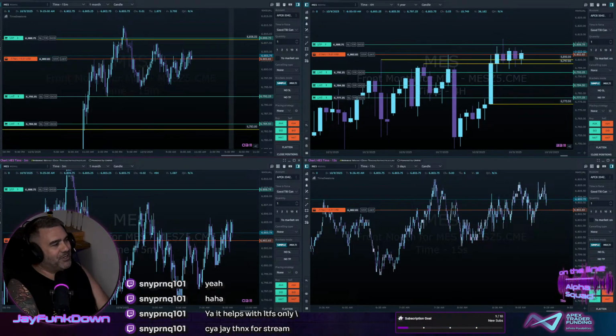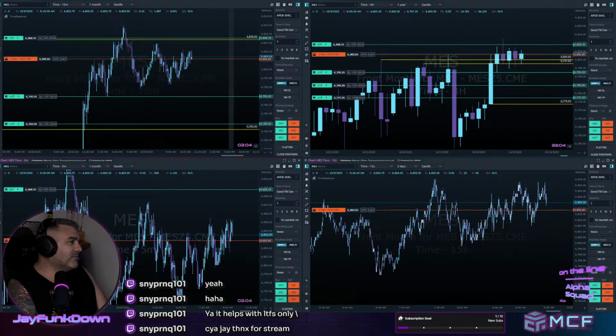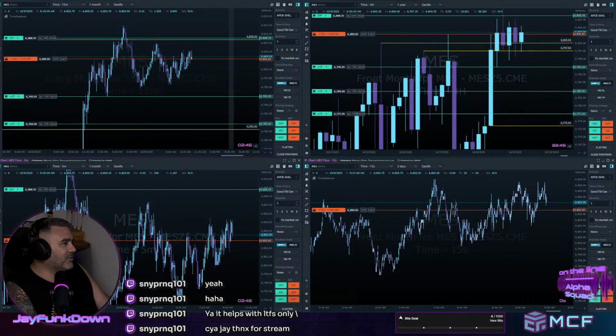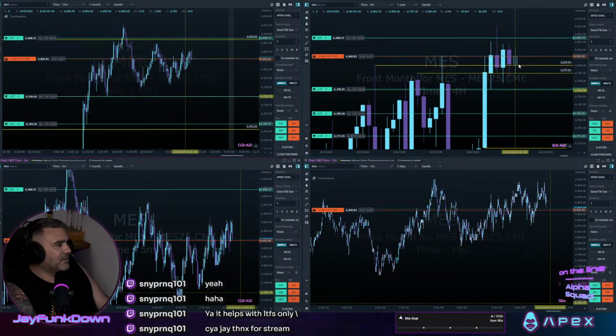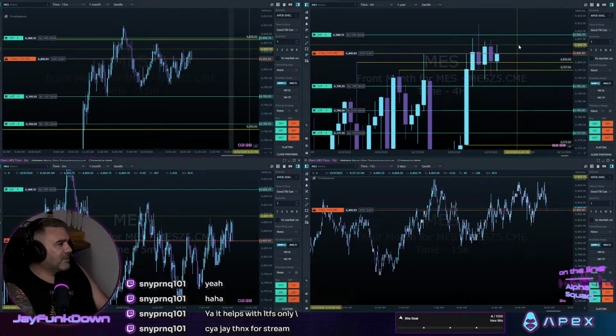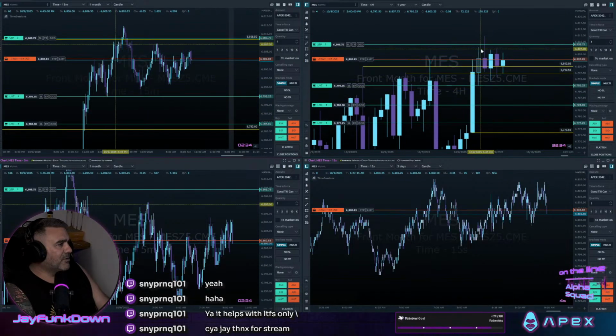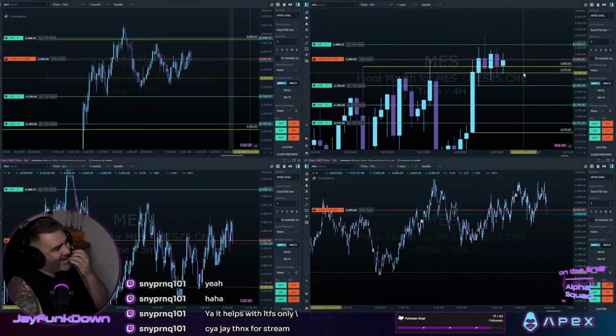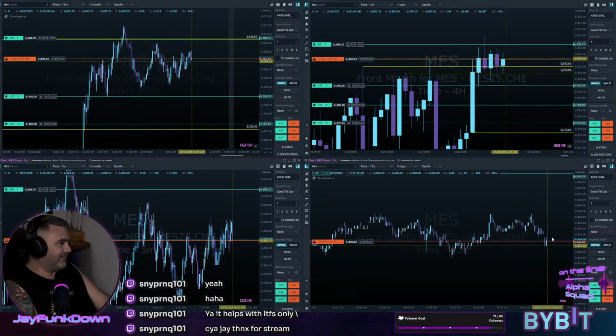If it closes in this range, it's going to be an inside bar. I think the last 4 hour was already an inside. Oh no, it wasn't. Yeah, basically. Almost. Yeah, we're turning it around here. Let's go.